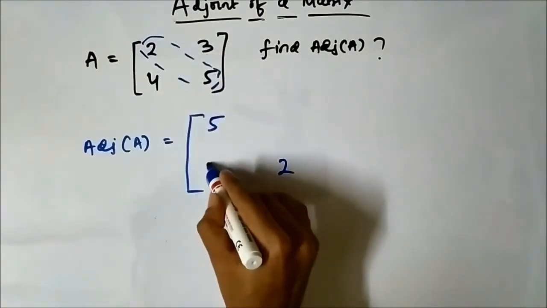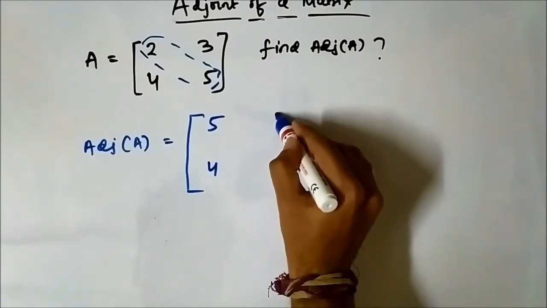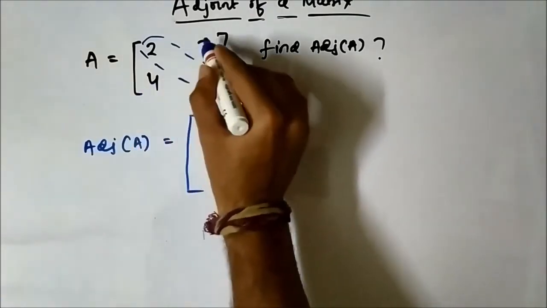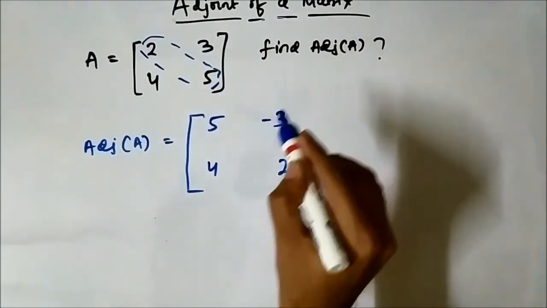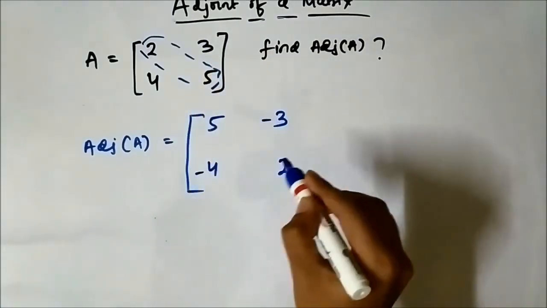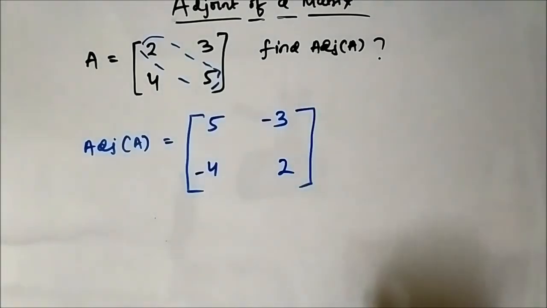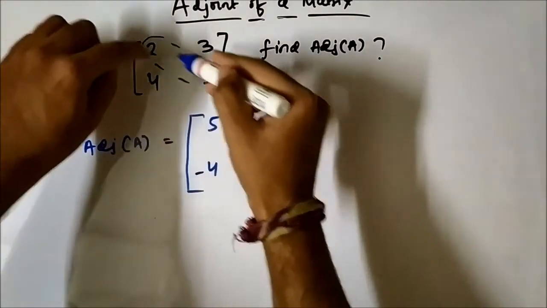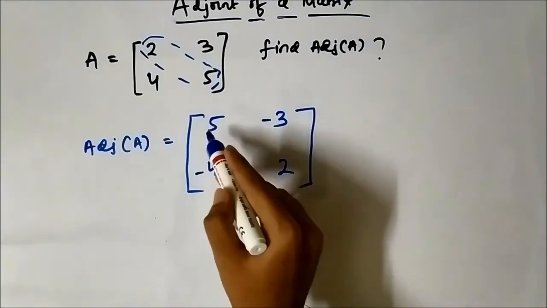Now these two will have the same magnitude values 3 and 4, but here they are positive integers, so they will become negative, -3 and -4. So here we have the adjoint of the given matrix. The principal diagonal elements 2 and 5 interchange their places.